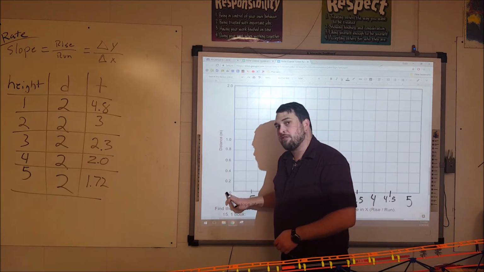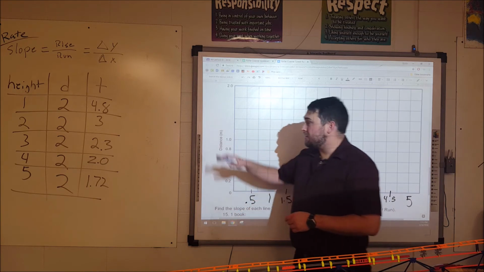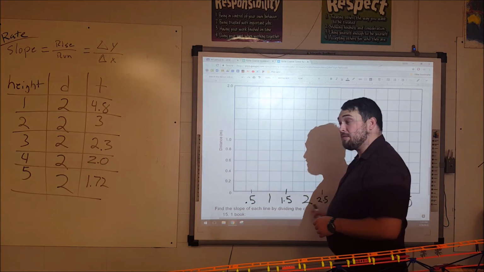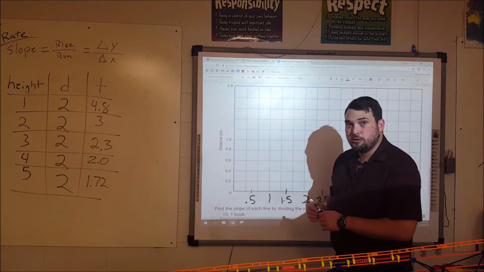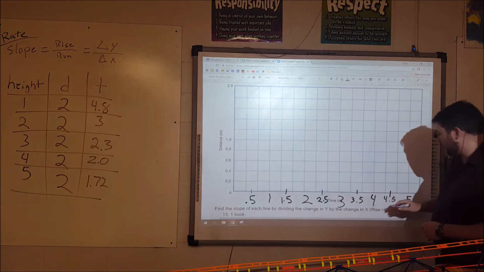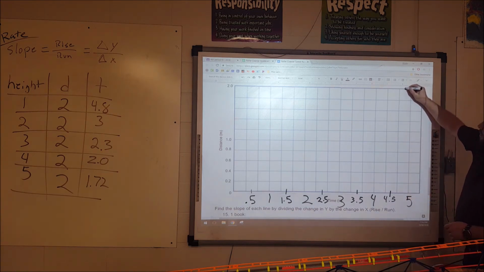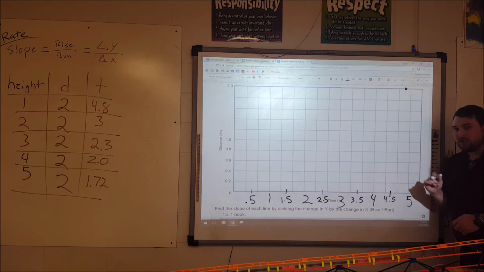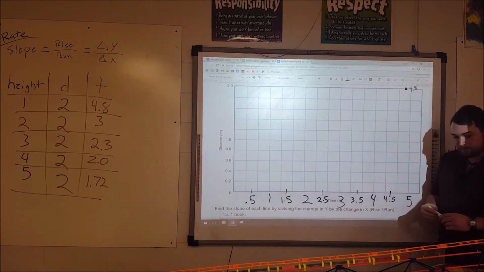Our second point for every line will be the distance and time. Distance is y and time is x. So we'll graph 4.8, 2 for our first point. 4.8 will be right around here next to 5. It's not got to be perfect, but we'll label it just for clarity, 4.8.